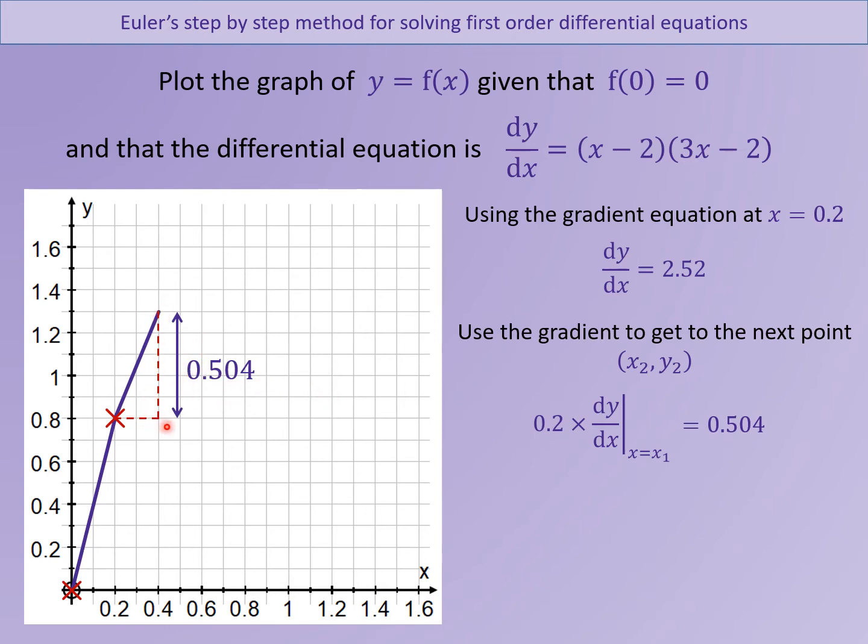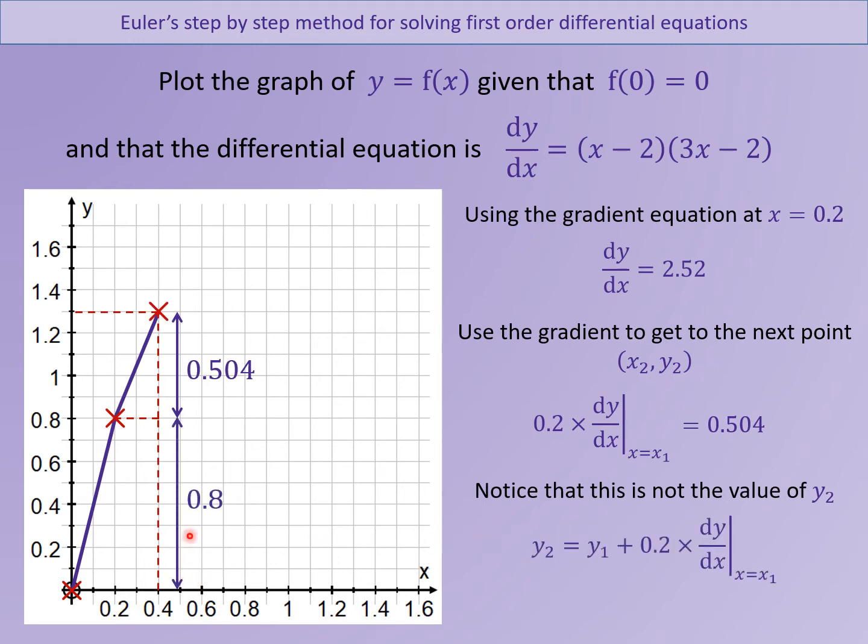To get my new y value, I don't just use this equation. I've always got to add what my previous height was. So in the previous one, I had 0.8. So my new height is going to be the 0.8 plus this 0.504. So that's starting to form this equation.